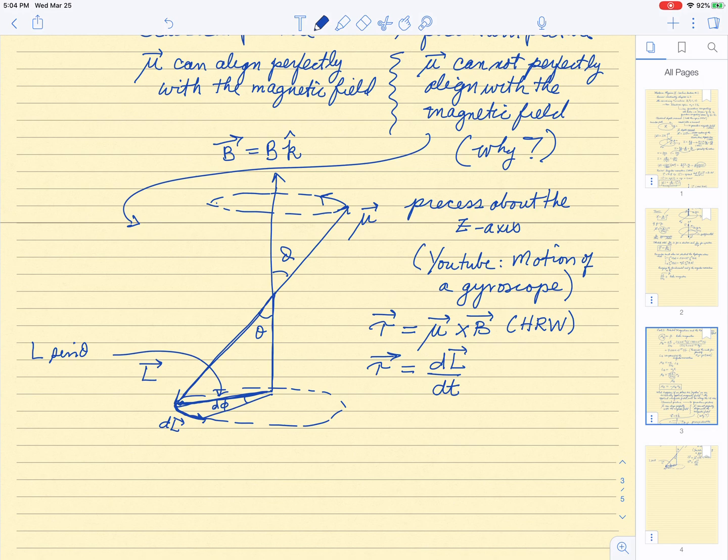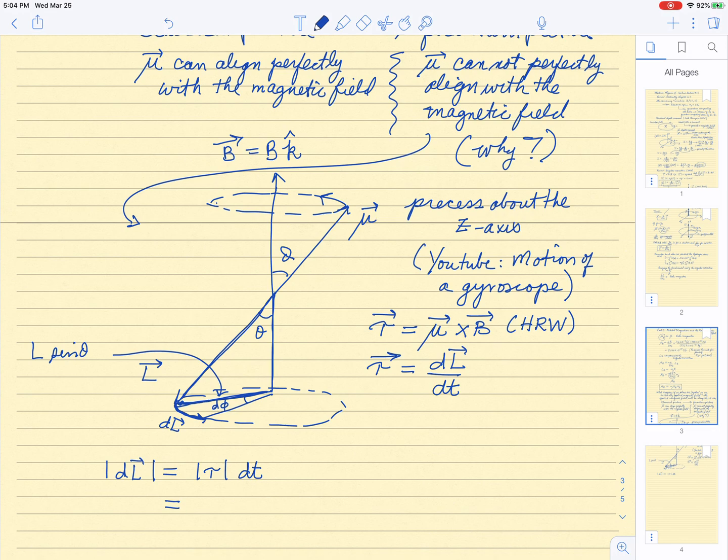All right. So then the magnitude of the change in the angular momentum is going to be the magnitude of the torque times dt.